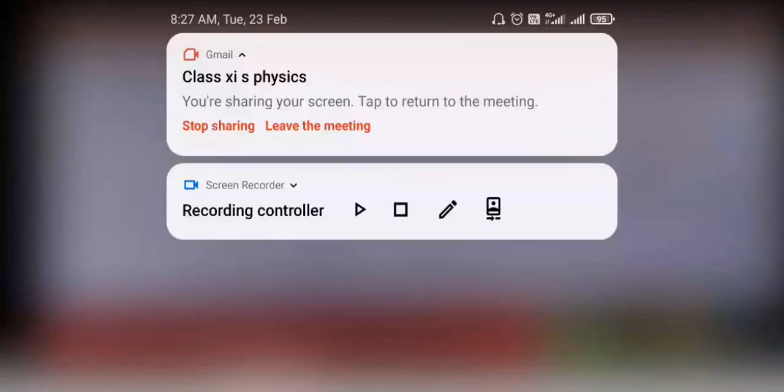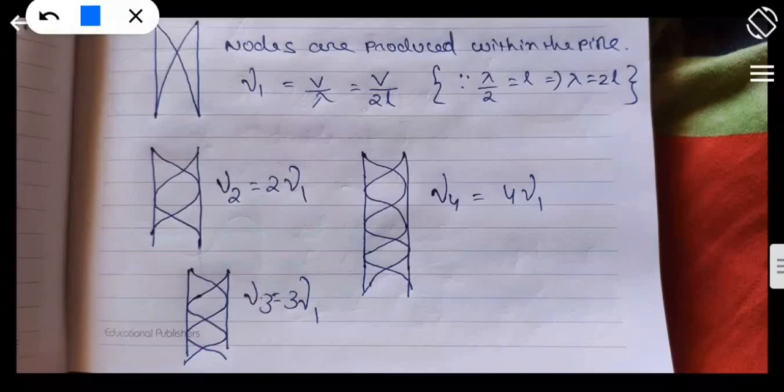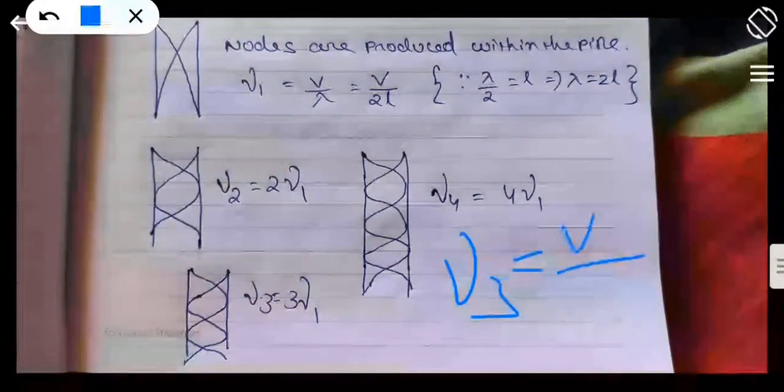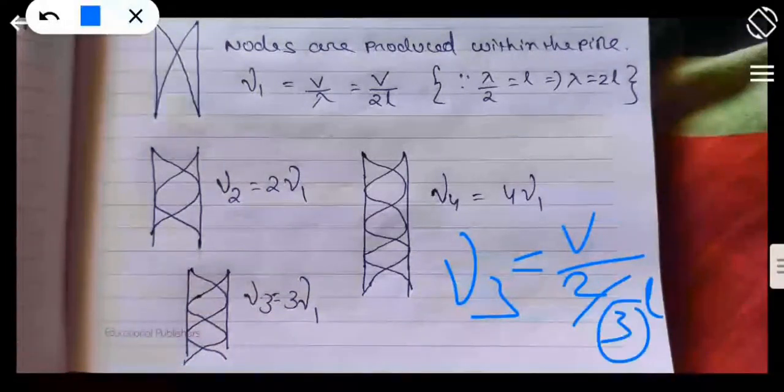Now if I calculate here, nu3 is equal to v by lambda. v by lambda is what? v by 2 by 3L, okay, 2 by 3 into L. So this 3 will go above. So this will be 3v by 2L.